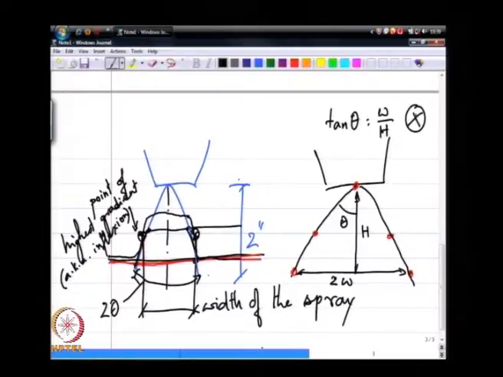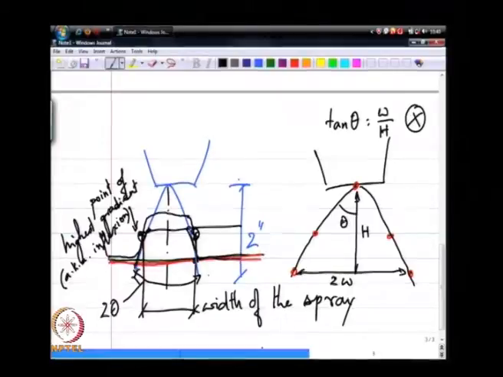But this is going to give you a higher source of error in comparison to making the measurements at 2 positions, primarily because most of the time the spray is sort of collapsing onto itself due to air entrainment, not due to gravity, due to air entrainment.